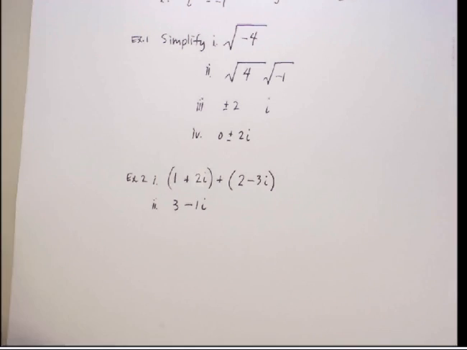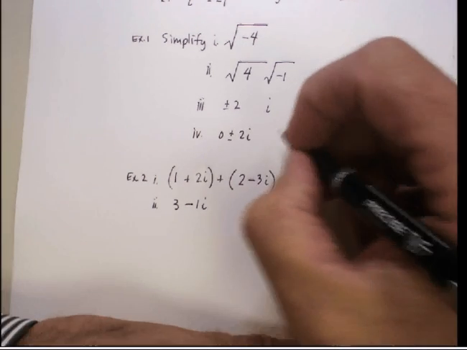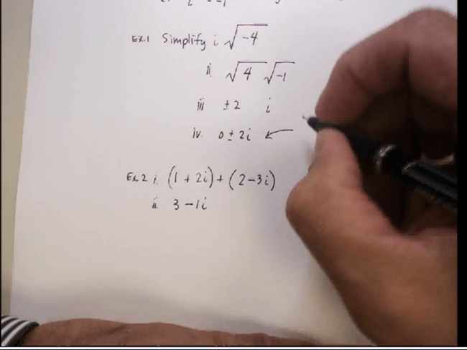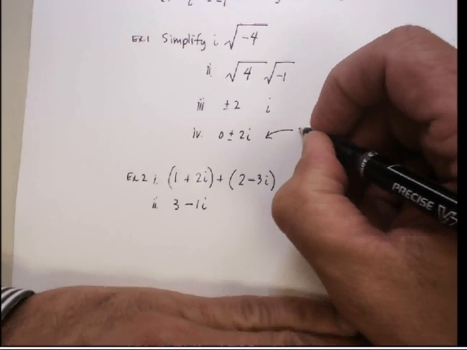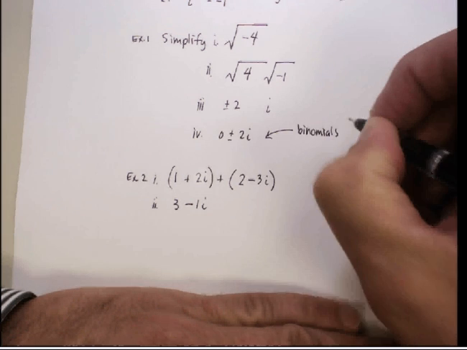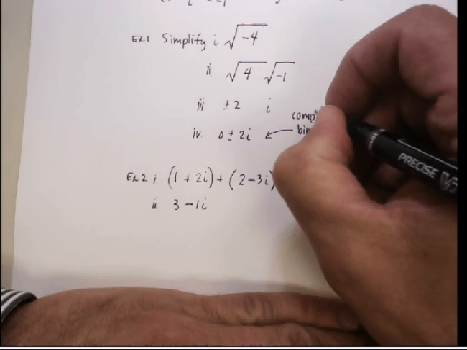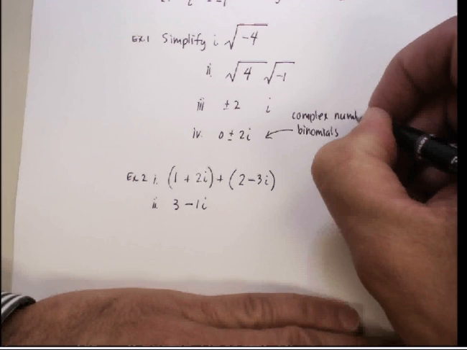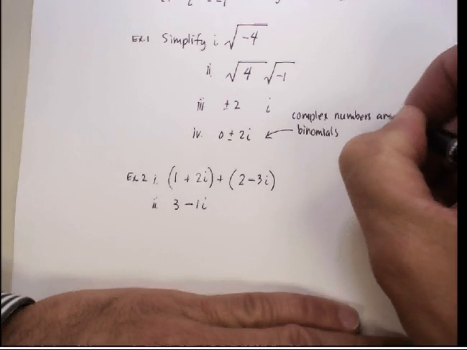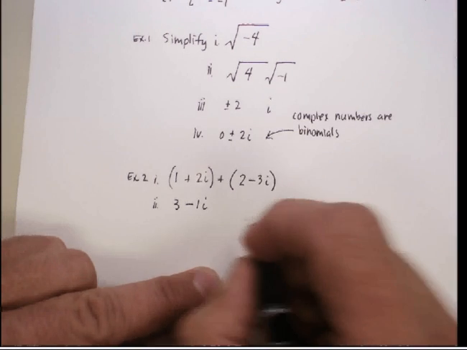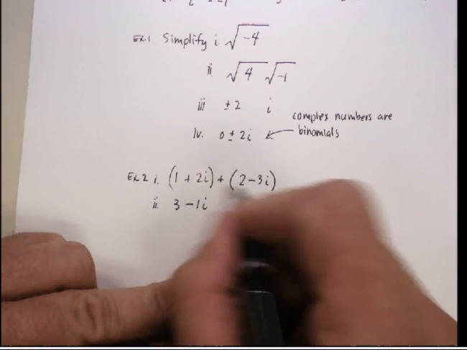So what does that tell you? Essentially a couple things. Imaginary numbers or complex numbers are pretty much binomials. So complex numbers are binomials. And you should treat them as binomials when you're adding and subtracting. You're going to add and subtract the like terms.